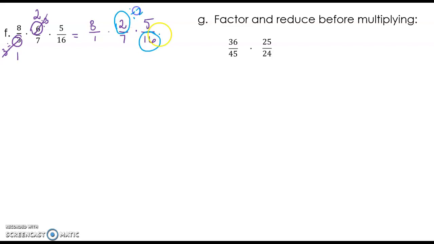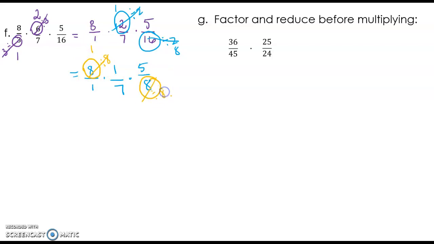If I divide those by 2, I get 8 over 1, which didn't change. This is going to be 1 over 7 times 5 over 8. Okay. Let's choose another color because we can still reduce this because we have 8 and 8. So we're going to divide by 8 and get 1.